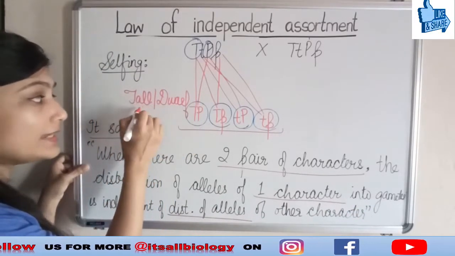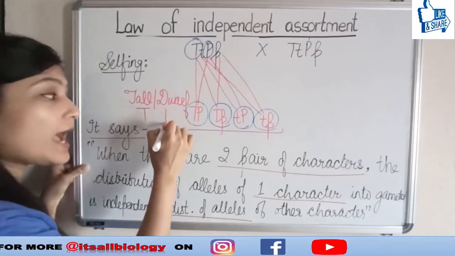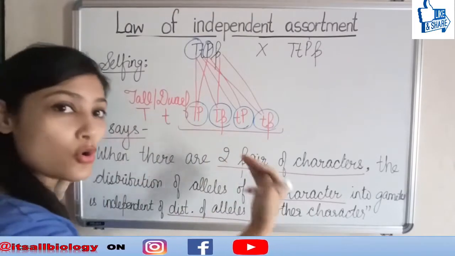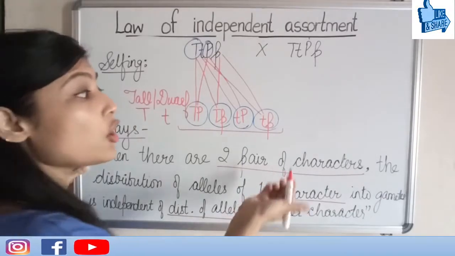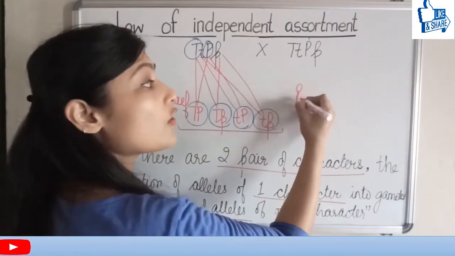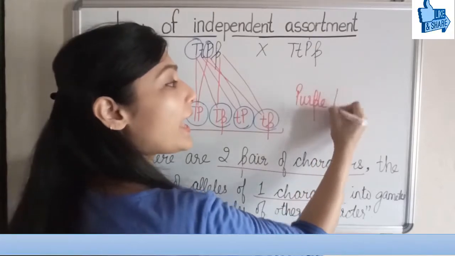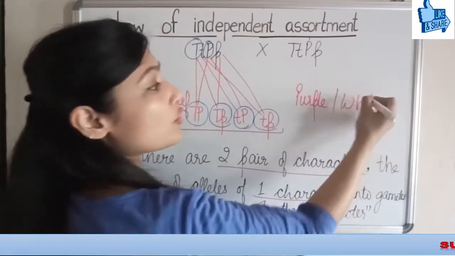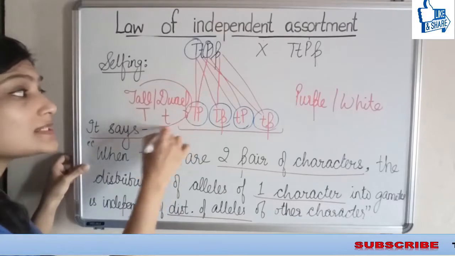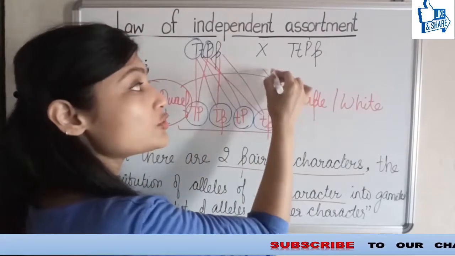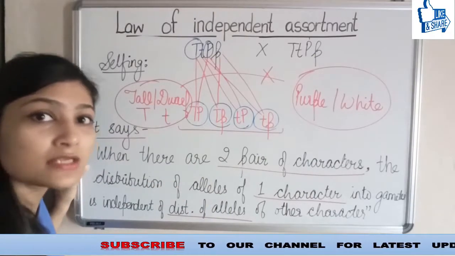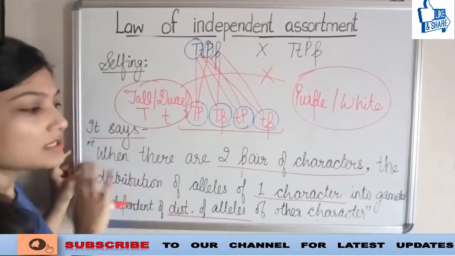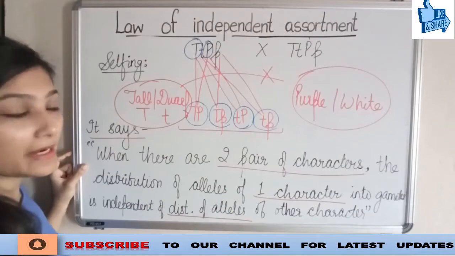How the alleles of tallness and dwarfness go into gametes is totally independent of how the alleles of purple and white flower go into gametes. These are not going to interfere with each other. So this is the law of independent assortment.